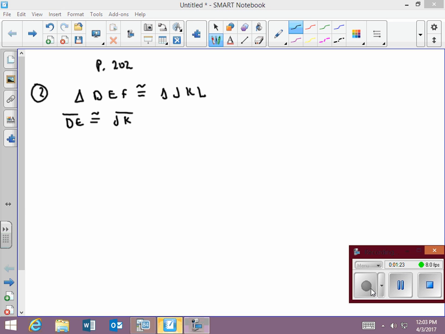Yeah, it's the side. So what you have to do is make sure that D, E, F are the vertices that correspond to J, K, L. So when you make those congruencies, you've got to make sure that they match up.